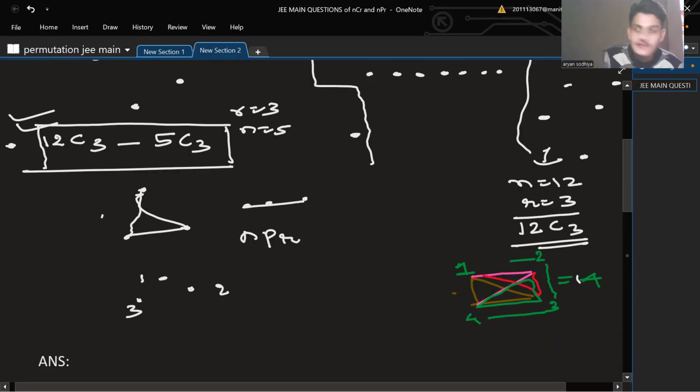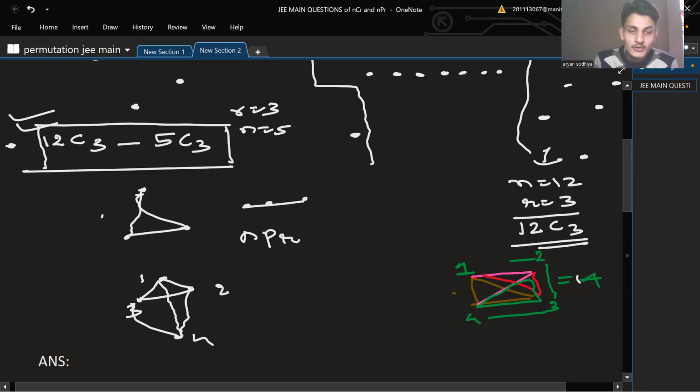I have selected these 3 points as one group. In a similar way, if I select 2, 3, 4 as a group, that will contribute to a triangle. 1, 2, 4 is also a triangle. 1, 3, 4 is also a triangle. So any 3 points can be chosen.